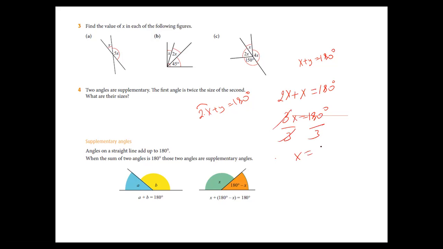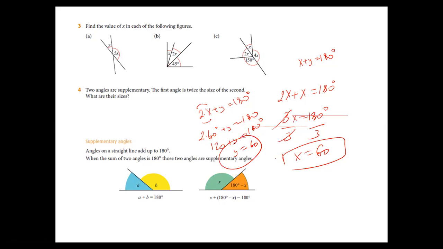So x is equal to 60. If x is 60, then 2 times 60 plus y is equal to 180. So 120 plus y is equal to 180 degrees. From here you get that y is equal to 60. But x is also 60 and y is also 60.